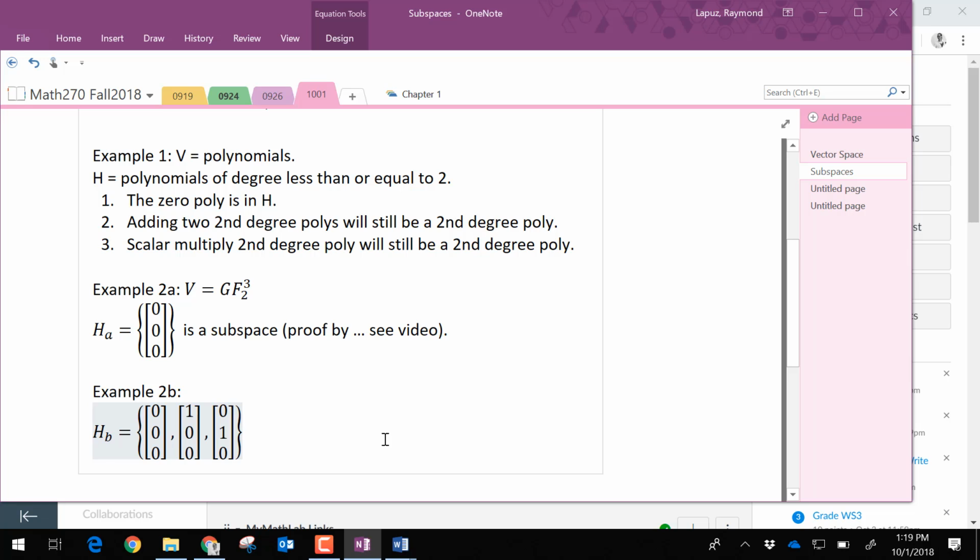No. If we take the second and third vectors and we add them, and this is not an H, or H sub 2, or H sub B as we're calling it.